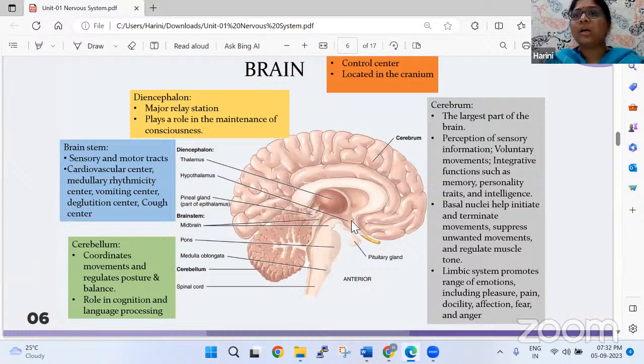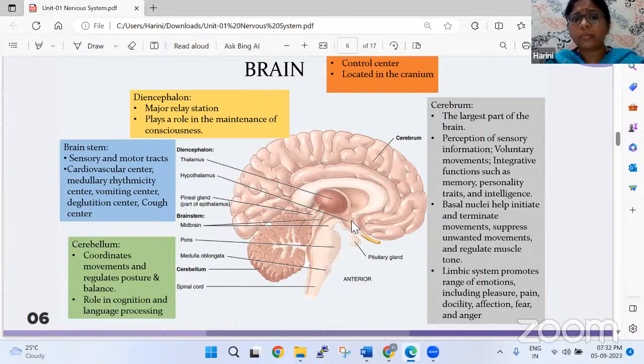Thyroid function is again controlled by a major chemical messenger, that is the thyroid hormone, T3 and T4 levels. How much T3 has to be present in the body, how much it has to help in metabolism, all that is controlled by the hypothalamus. In that way, the hypothalamus plays a very important role, and that's why it's mainly a regulatory center or homeostatic center.